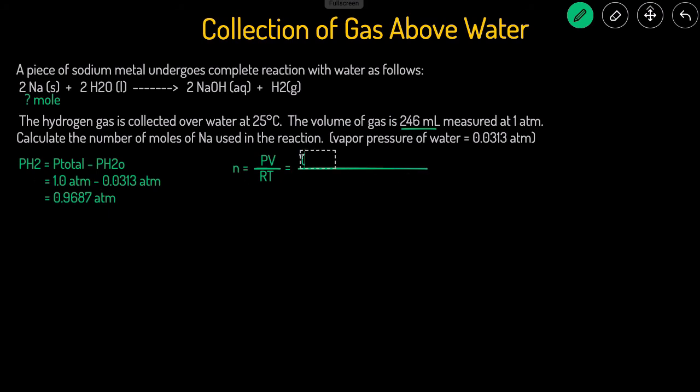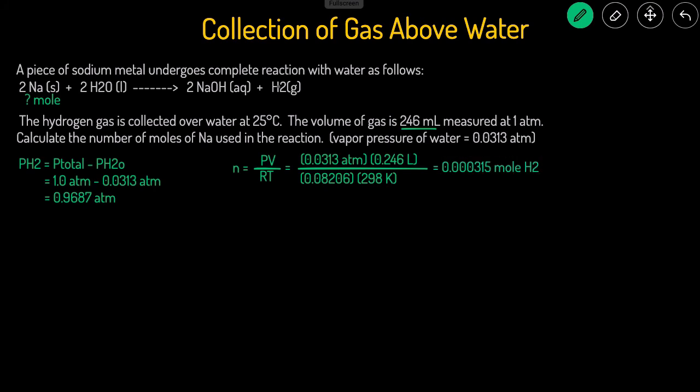And so we'll use the pressure of the hydrogen, 0.9687 atm, the volume of the hydrogen, which is 246 milliliters, but we've got to get that into liters, so just divide this by 1,000, 0.246 liters. R is the ideal gas constant, 0.08206, and the temperature, adding 273 to this, gets us 298 degrees Kelvin. That's 0.000315 moles of the hydrogen.